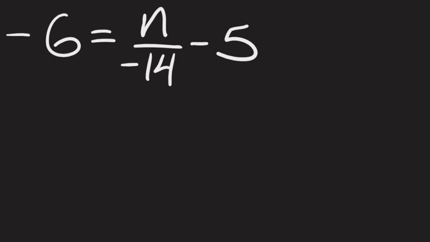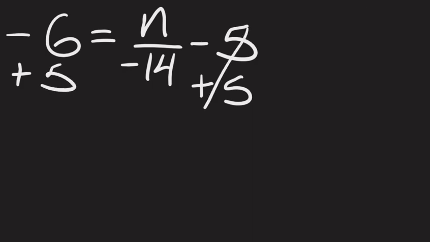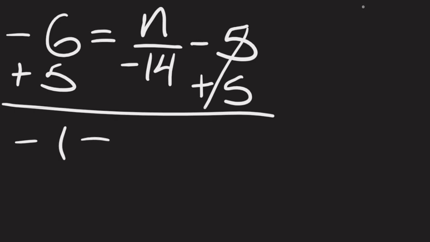Next we have negative 6 equals n over negative 14 minus 5. The first step to get n by itself is to add 5 to both sides. This will give us negative 1 equals n over negative 14.